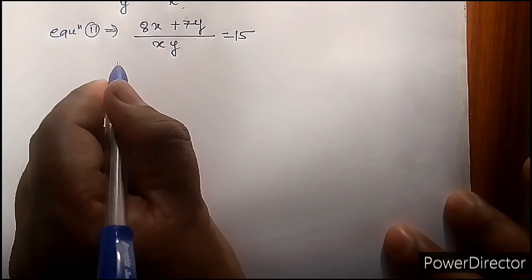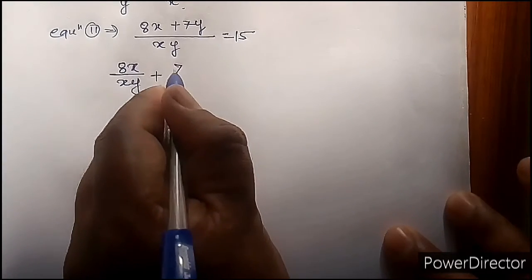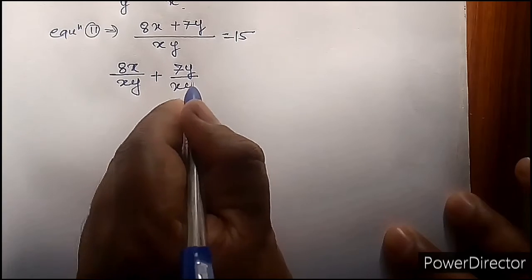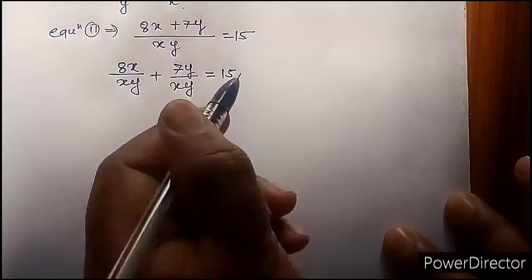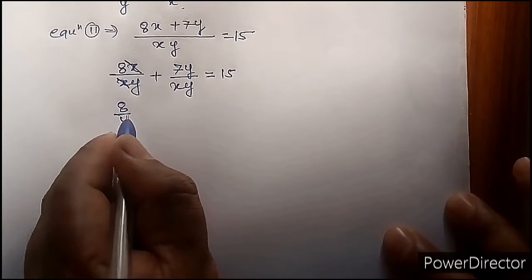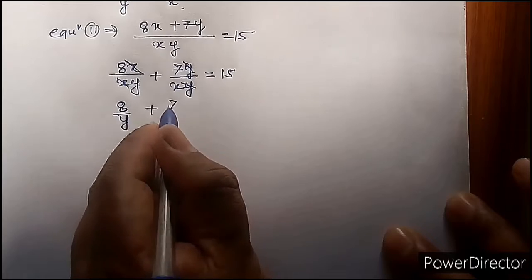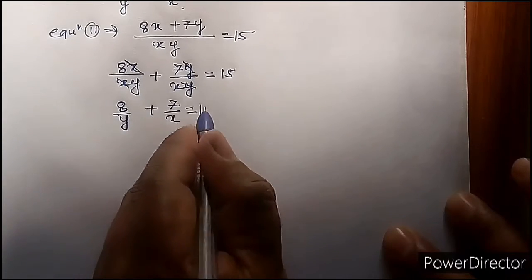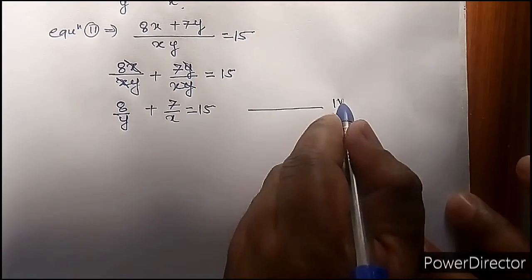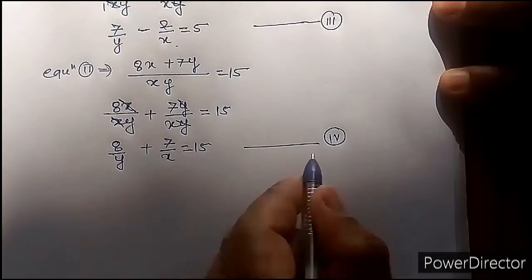Now separate the denominator, that is 8x divided by xy plus 7y divided by xy equals 15. Same here, x and x will get cancelled. Here remains 8 by y, plus y gets cancelled, and here remains 7 by x equals 15. Give it an equation number.